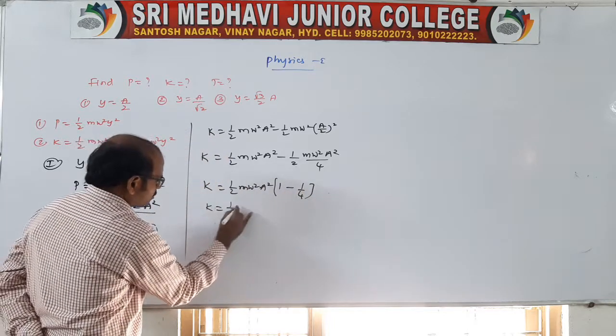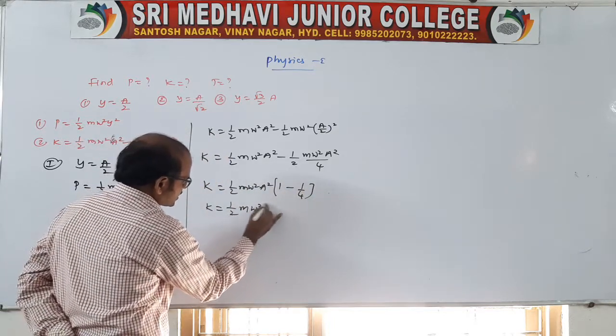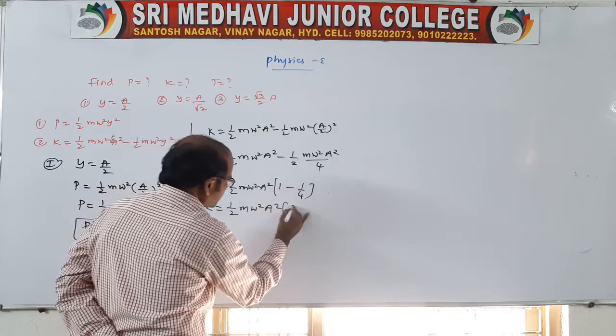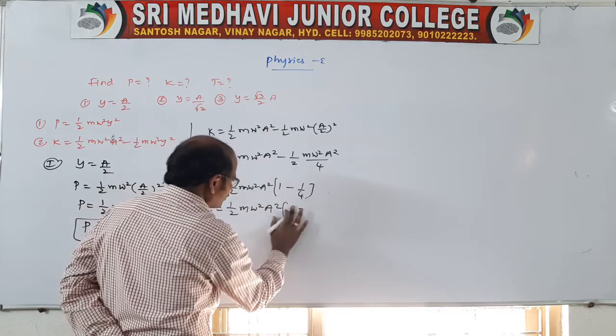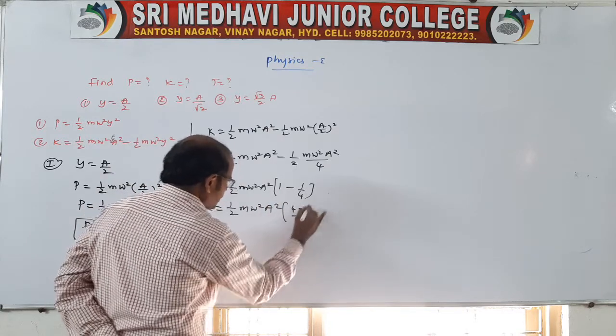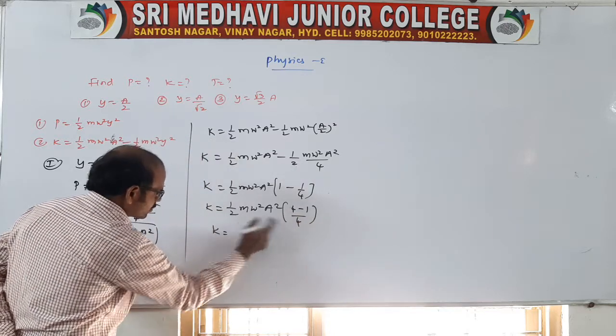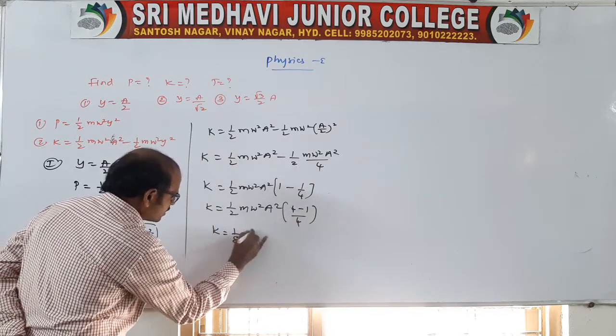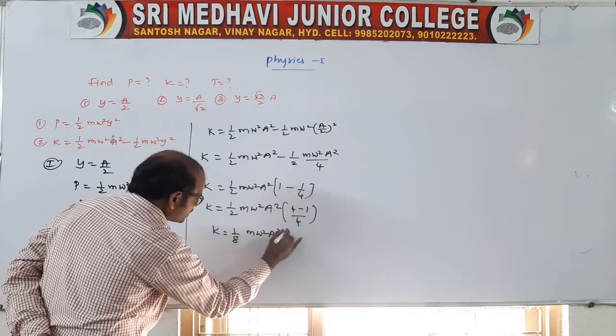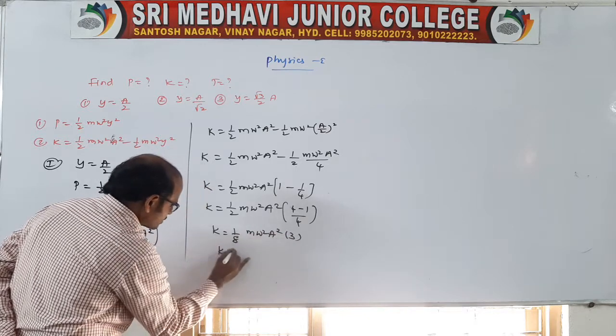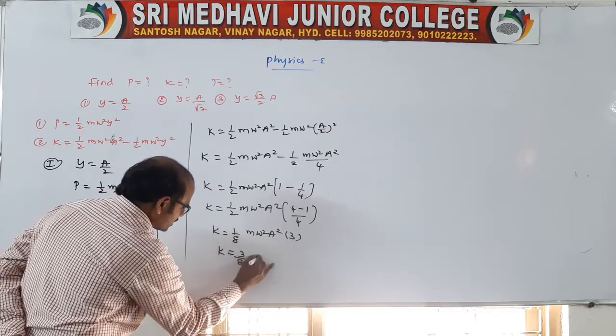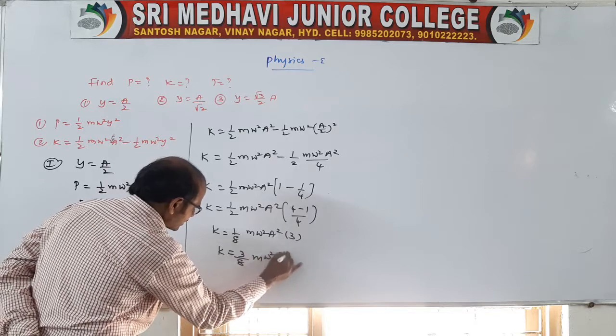So 1 by 2 into 3 by 4 gives 3 by 8 m omega square a square.